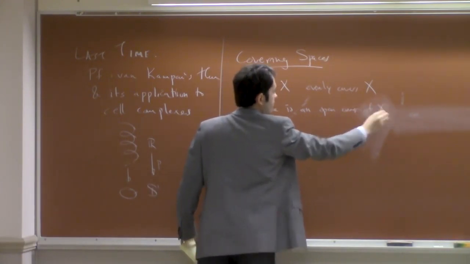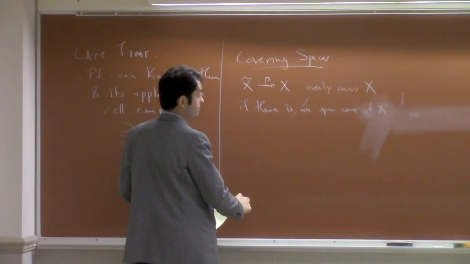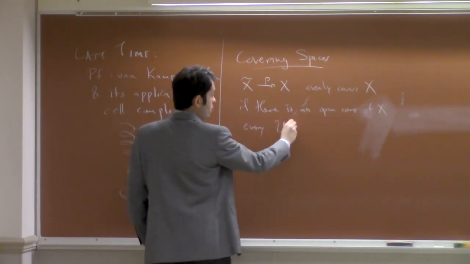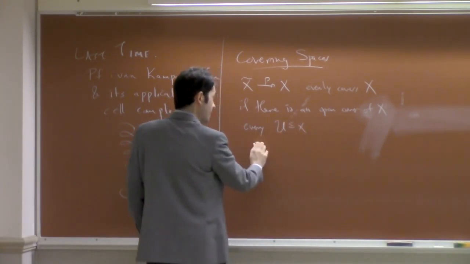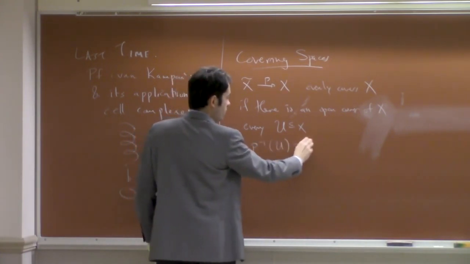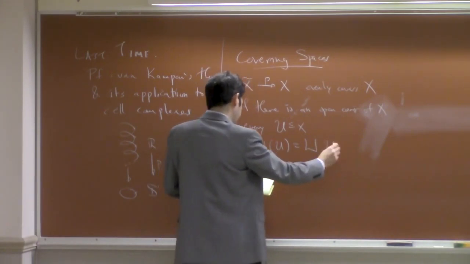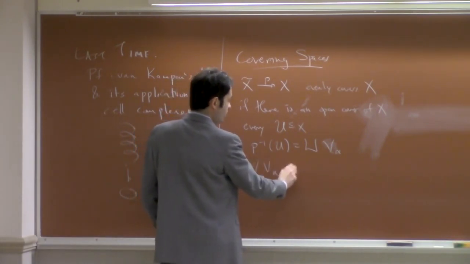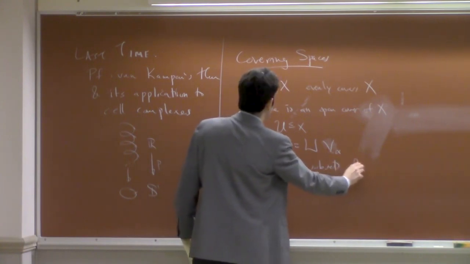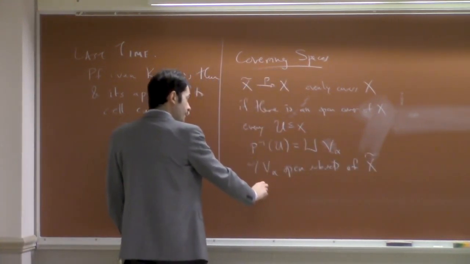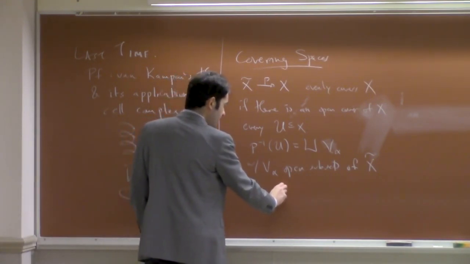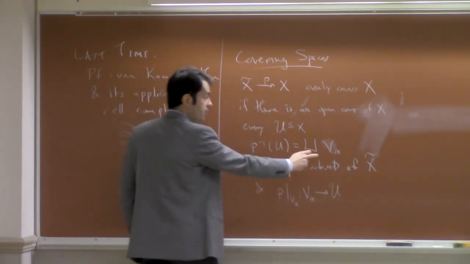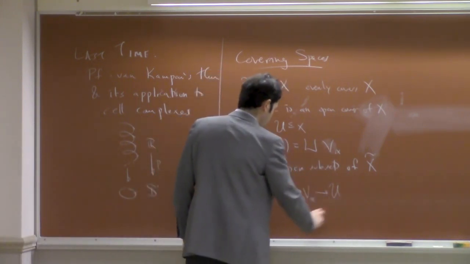an open cover of X and every U in this open cover has P inverse of U equal to a disjoint union of, say, V alpha, with V alpha open subsets of X tilde, and the restriction of P, this covering map, to each of these open sets is a homeomorphism.